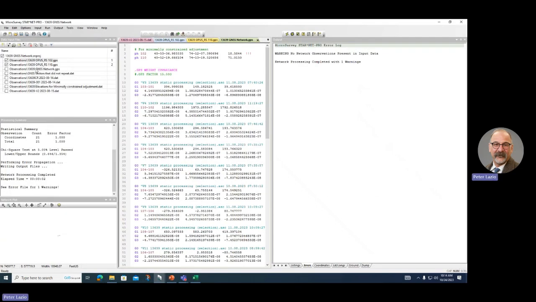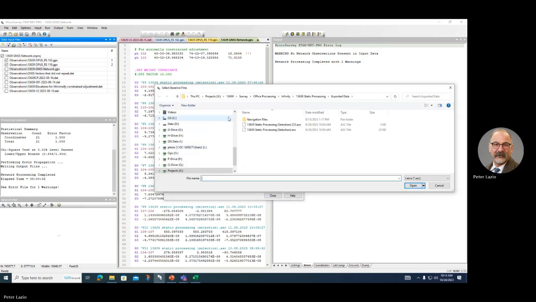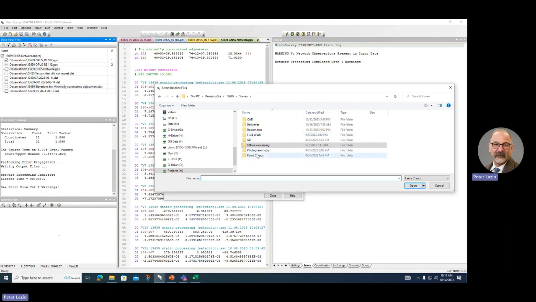So now I'm back in StarNet. I've imported it down. For ski, I would do input GPS data. It would be Leica. I would select my input files, the exported data, and there were my ski files.